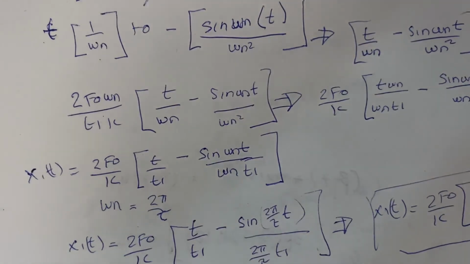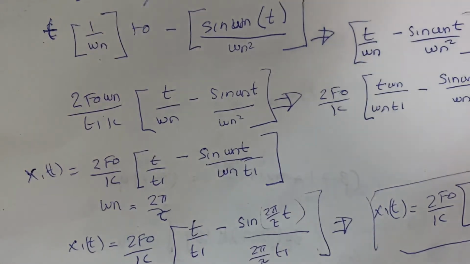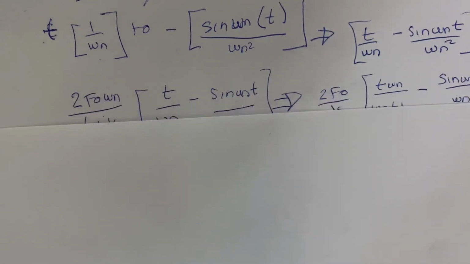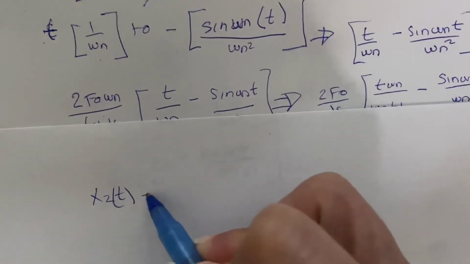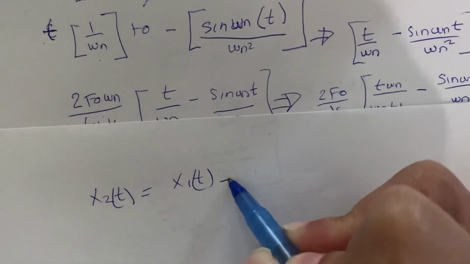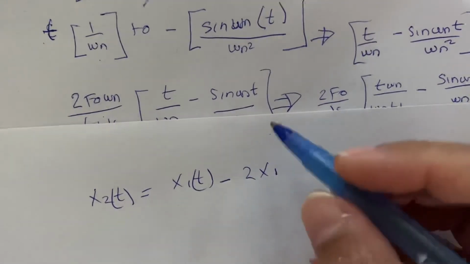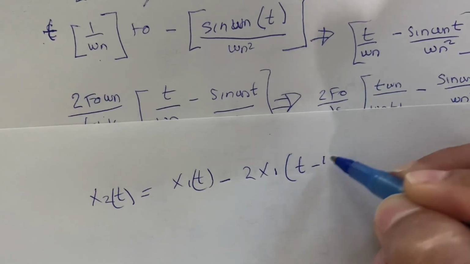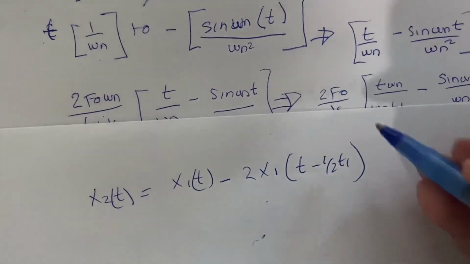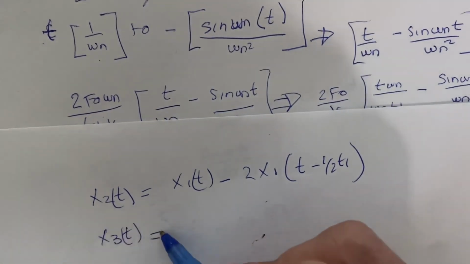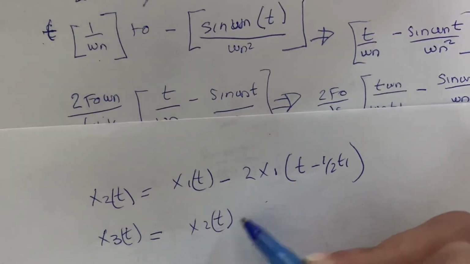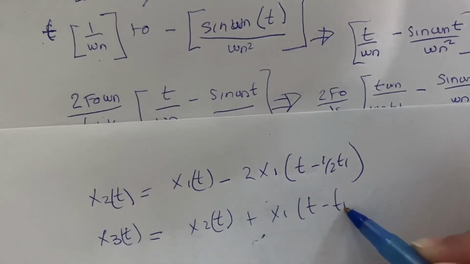So we just need now to simply sum all of the different pulses and clean up the system, and we can find that if you have x1, which we found, x2(t) is going to be equal to x1(t) minus 2 times x1(t minus 1/2 t1). This is the second time interval. And then if we want to find x3(t), it's going to be equal to x2(t) plus x1(t minus t1).